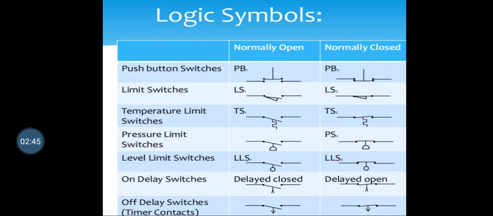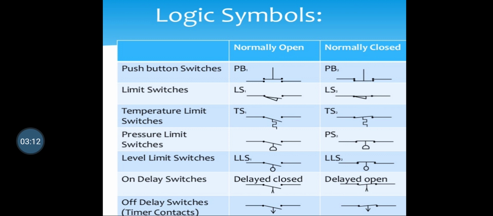Next, what are the symbols used in ladder diagrams. A push button switch shows the normally open condition and normally closed condition. Push button PB normally open, and on the right hand side PB2, the normally closed push button switch.